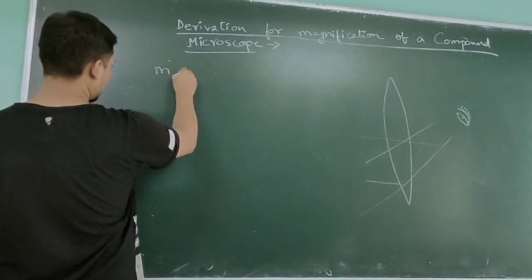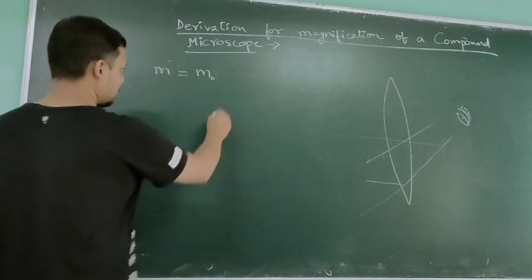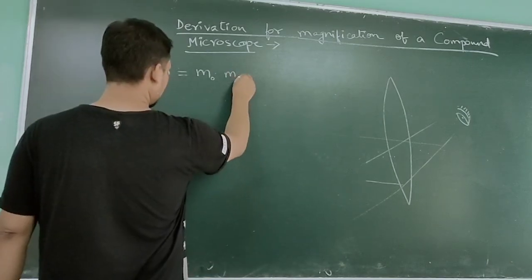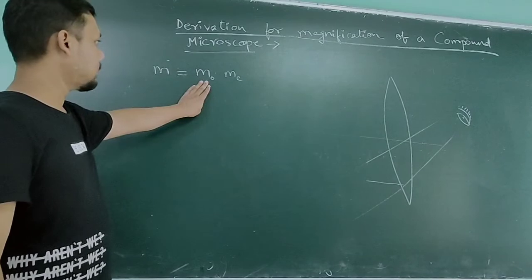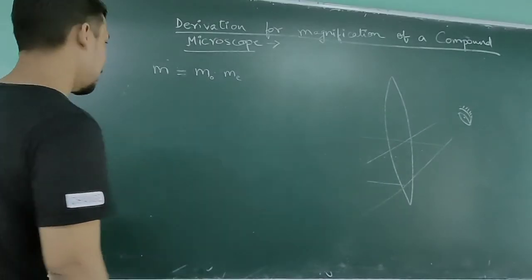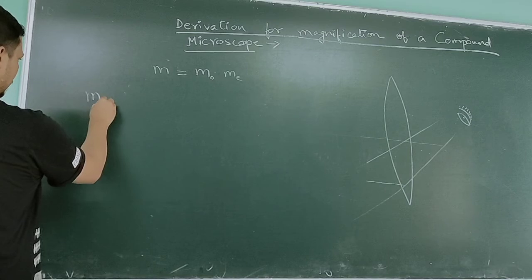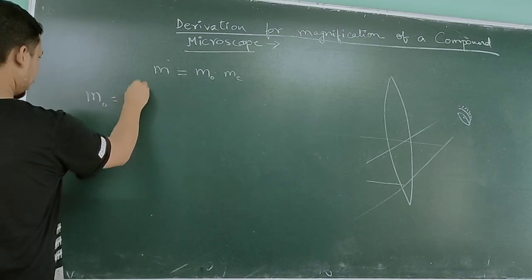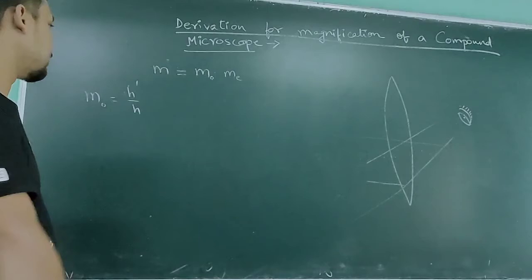Now, the magnification of this compound microscope is given by the product of the magnification by the objective lens and the magnification by the eye lens. Let us first find M0, the magnification of the objective lens. This is a simple lens, so its magnification is given by h dash by h. This formula we have been using from class 10 onwards.